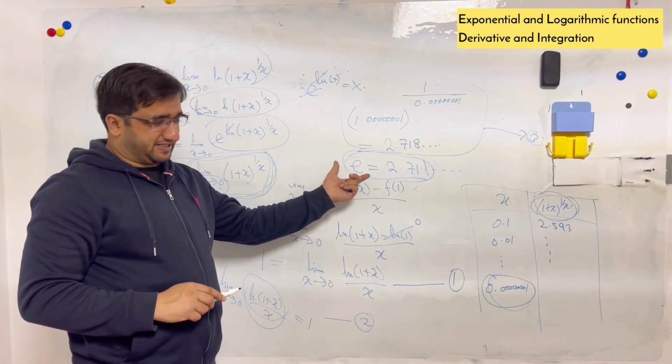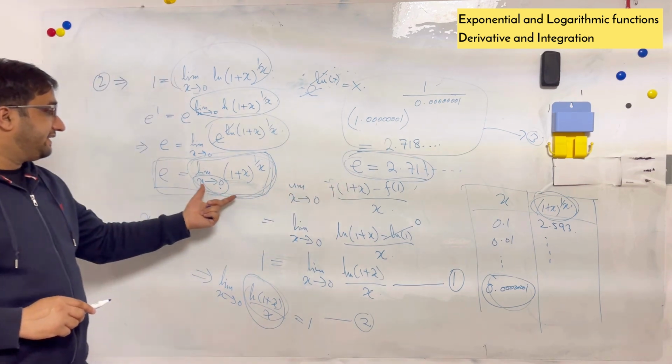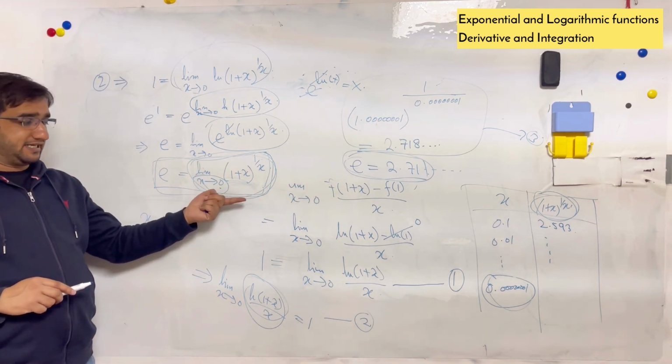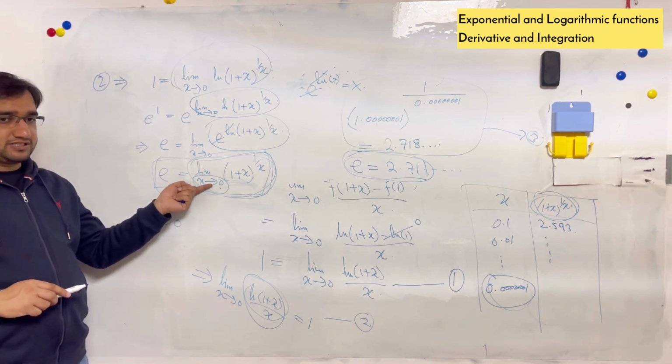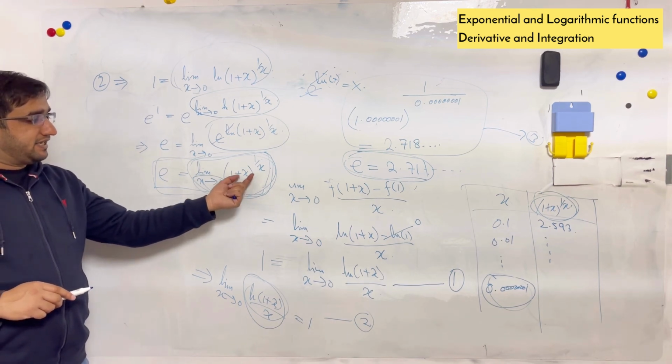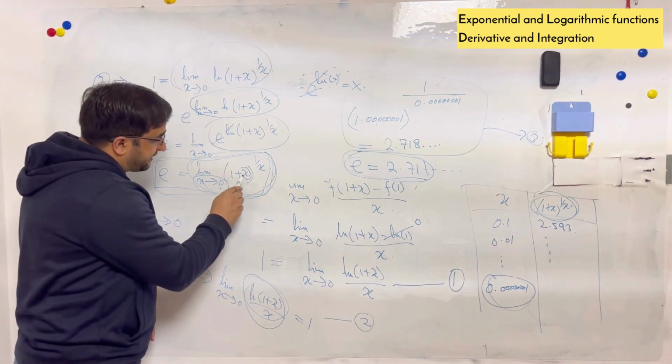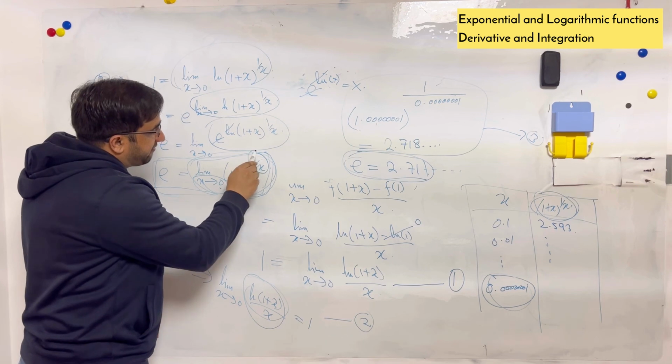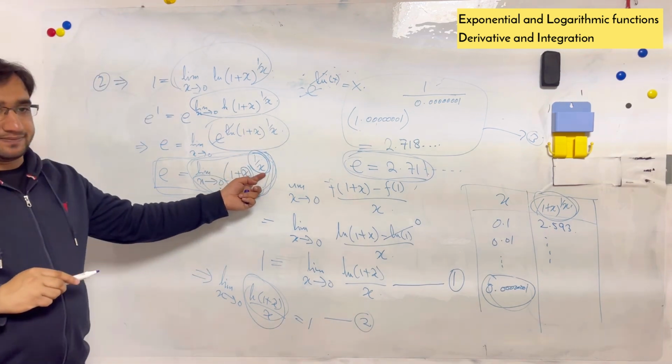So this is the value of the exponential function e. And in terms of limits, you can always write it like this. Limit x approaching 0, 1 plus x raised to the power, whatever is written here, the power will be the reciprocal of this guy.